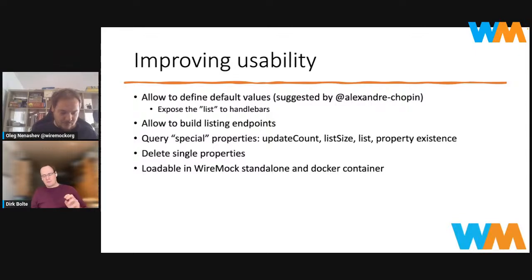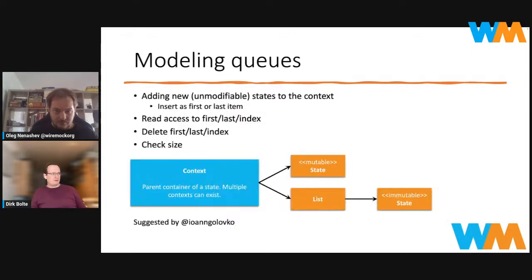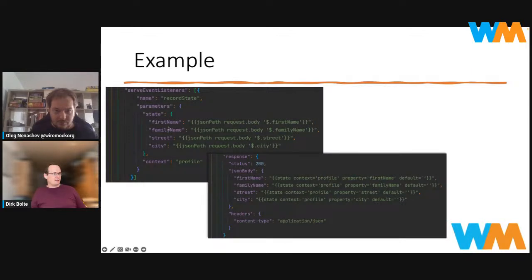And there were various minor extensions, like seeing how many times a property was updated, seeing how many entries are in the list, being able to access the property or list property as its own to actually make it usable in handlebars, being able to delete a single property. So for example, if I now have this first name, I want to delete this first name there, so that it's just not there anymore, being able to do so was added as well.